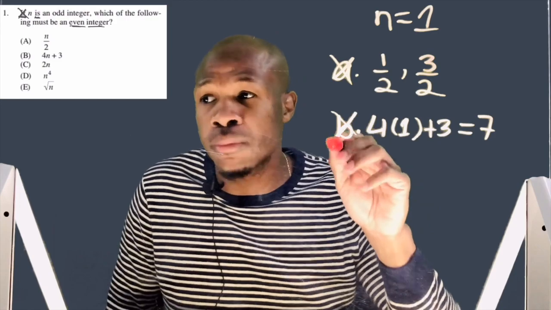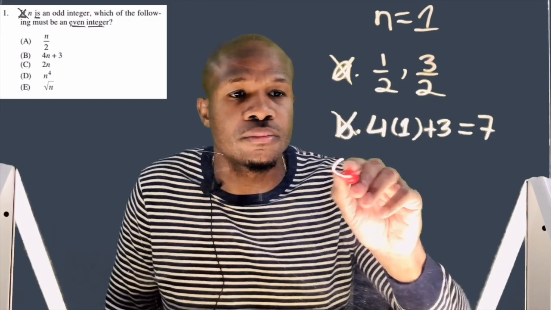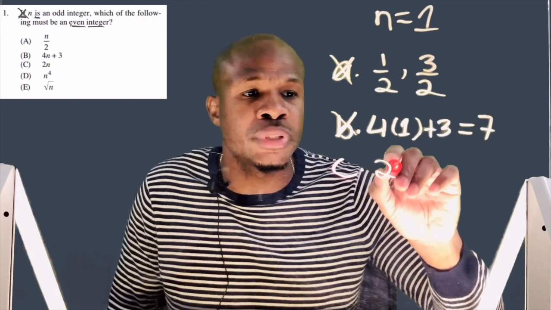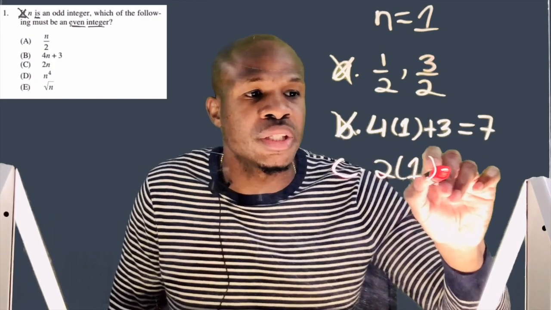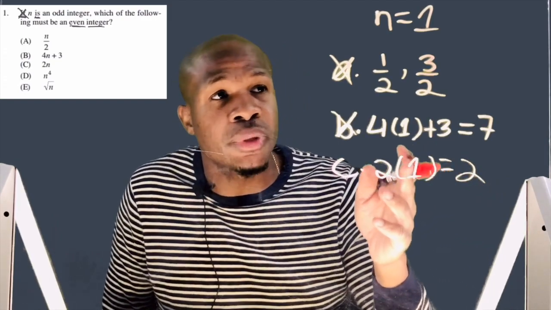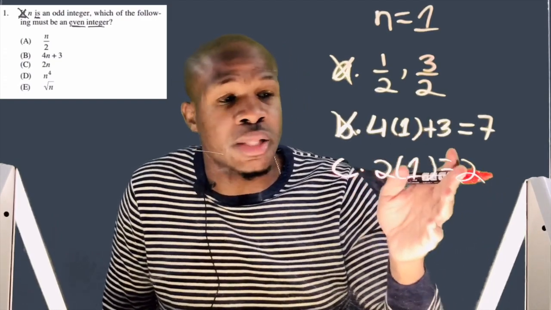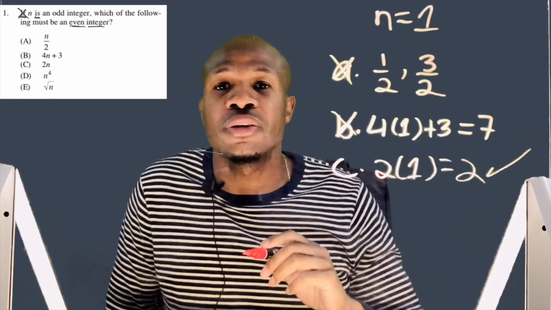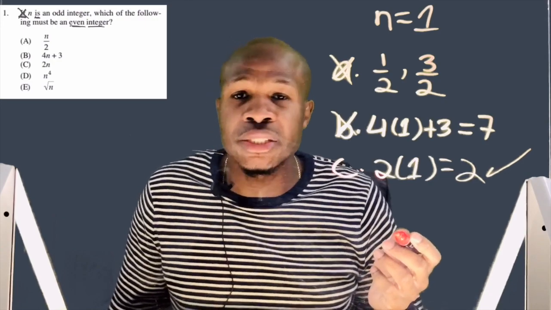Okay? So now I'll try c. C is 2 times n. That's 2 times 1, which gives me 2. So finally, I plugged in my value for n, and I got an even integer. So c looks good. Right? And I can basically stop there.